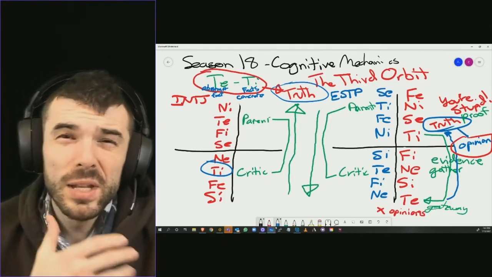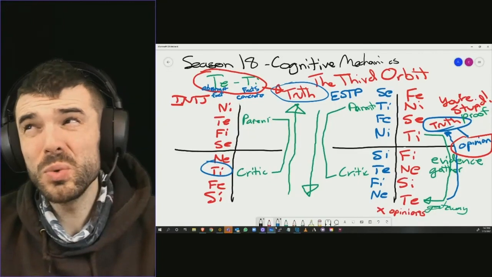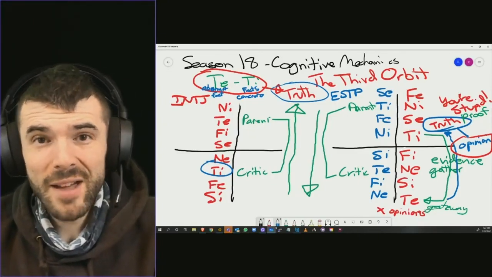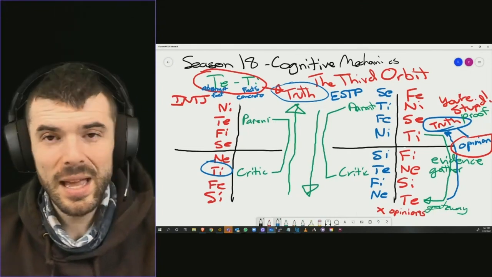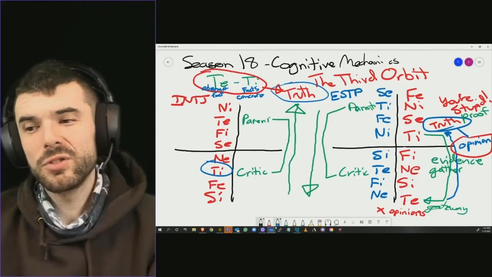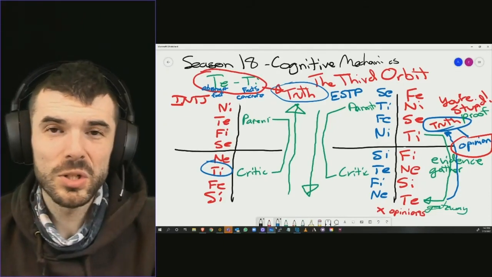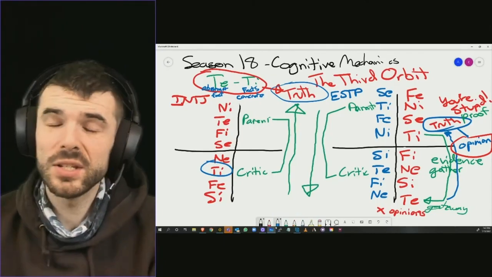Because they're willing to look at any evidence, their TI child can come to any conclusion. This is why INFJs think crystals have magic in them. This is why INFJs are often involved with the occult or mysticism or spirituality or different, very fringe, taboo belief systems even.